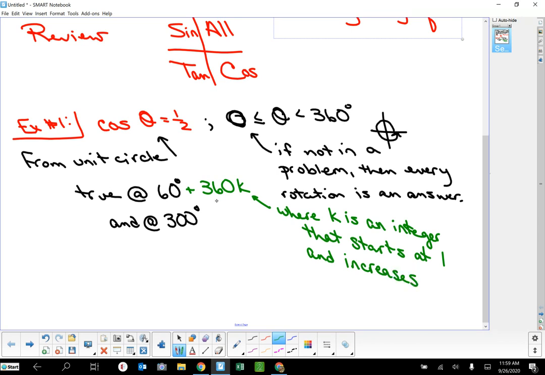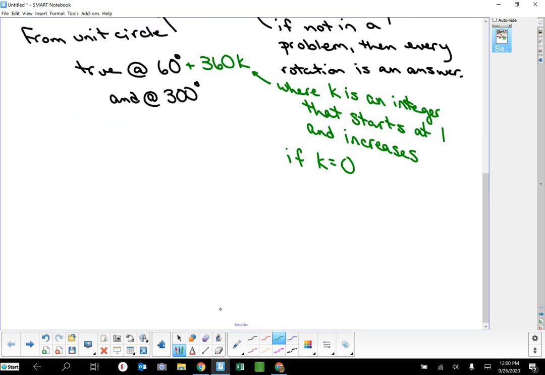So basically what happens is if K is 0, actually it starts at 0. So if K is 0, let me get more space here, then it's just 60, right? So if this is the 360 times 0 would be nothing, and you'd have 60 plus nothing. So it's just 60 degrees.